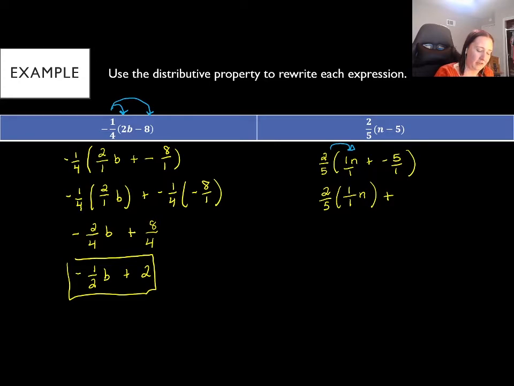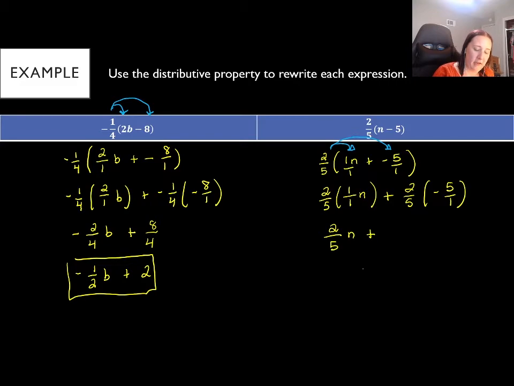And I have my plus sign. And then 2/5 times negative 5/1. So 2 times 1, when I multiply for my first thing here, I've got 2. 5 times 1 is 5. So that's just 2/5 n.